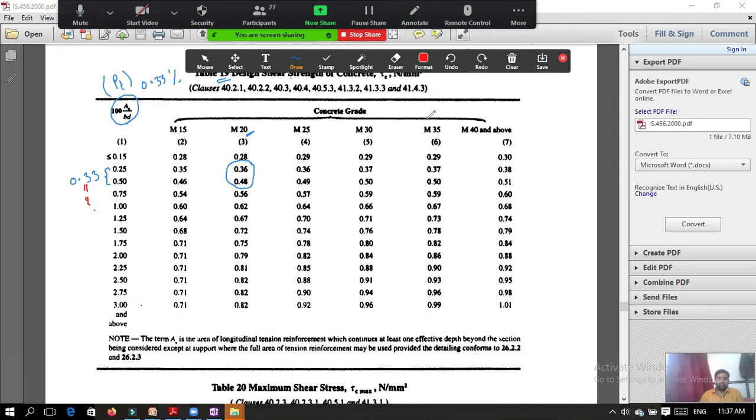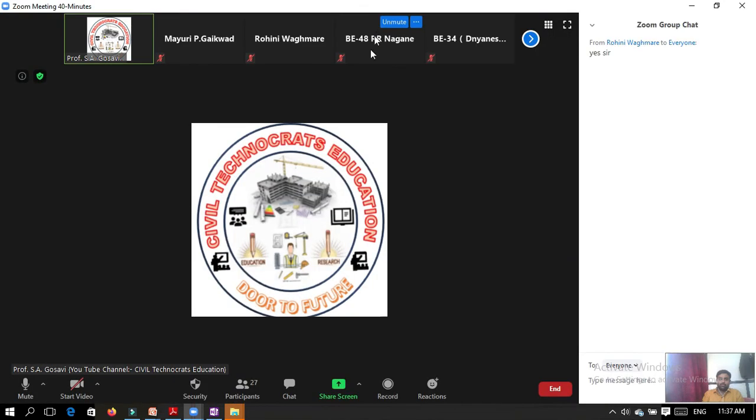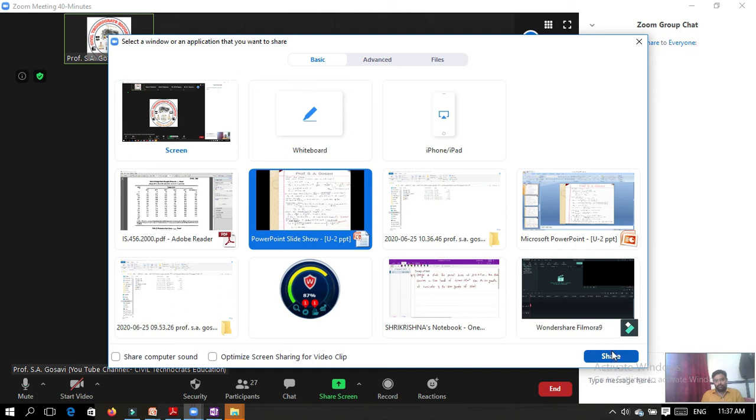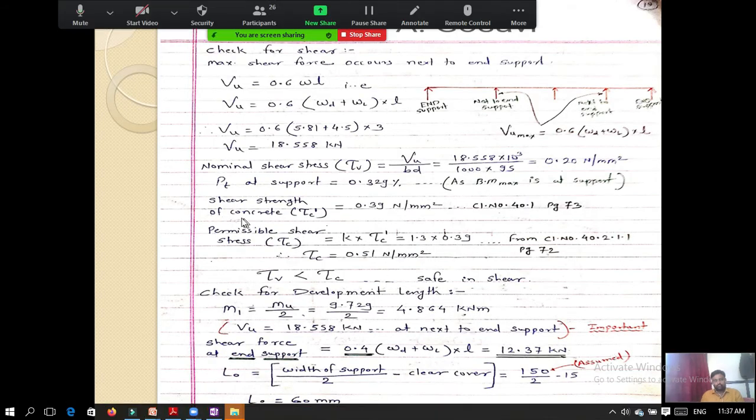So after you get this value, we will switch to our PowerPoint presentation. Here now, see, shear strength of concrete. After the interpolation, you will get this value, 0.39. It is from clause number 40.1, page number 73.